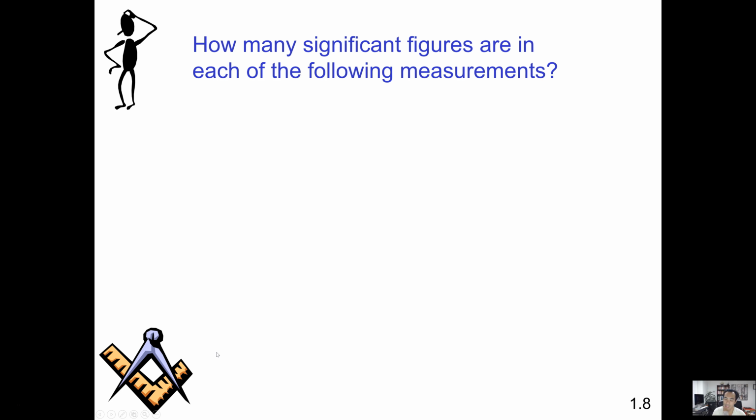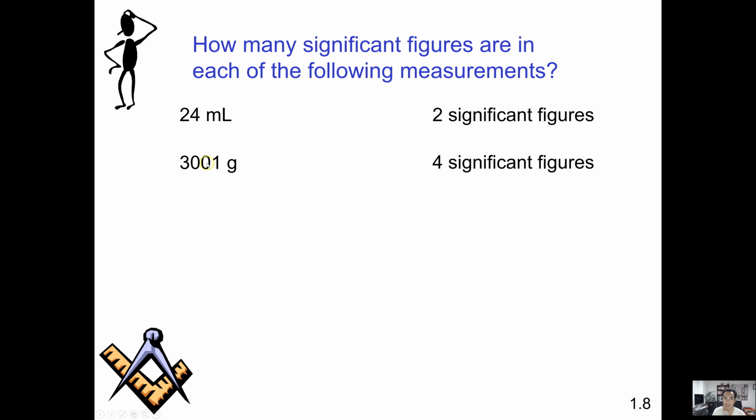All right, let's go ahead and give you a quick quiz on which numbers are considered significant. 24. Ready? Go. 24 has 2 significant figures, because the 2 and the 4 are non-zeros. How about 3001? That would be 4 significant figures because the 2 zeros are in between 2 non-zeros. What about 0320?